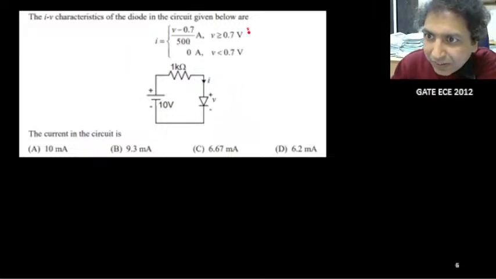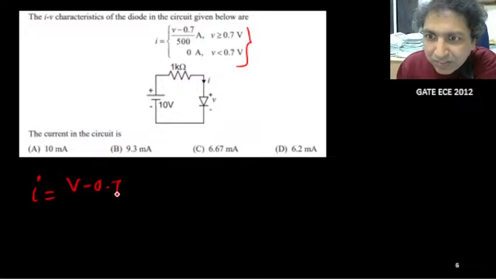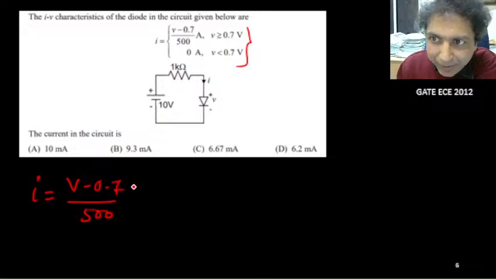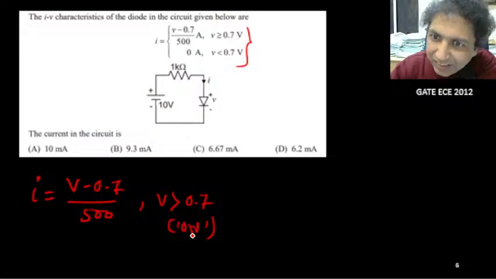So this is the diode characteristic. What is that? I equals V minus 0.7 upon 500, when V is more than 0.7 volt. This implies the on condition. When the diode is on, the current also depends on the actual voltage across the diode.